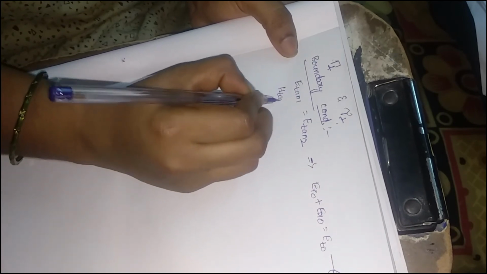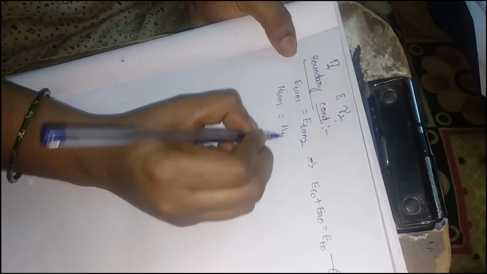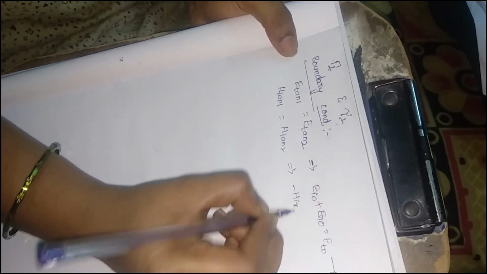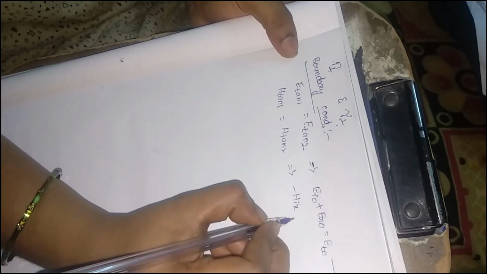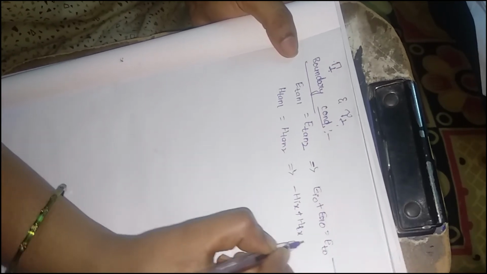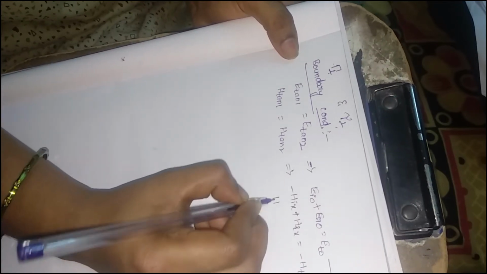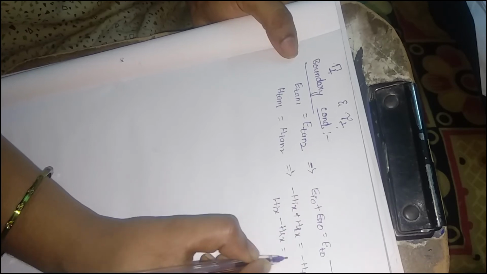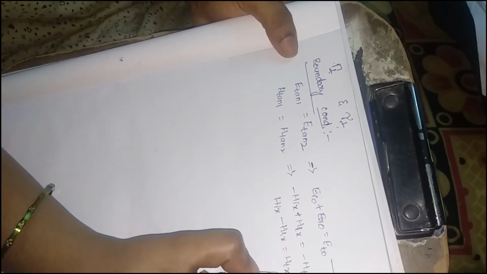And for the magnetic field component, H tan 1 is equal to H tan 2. That implies minus HIX and HRX is equal to minus HTX. Taking minus as common, you will get HIX minus HRX is equal to HTX.